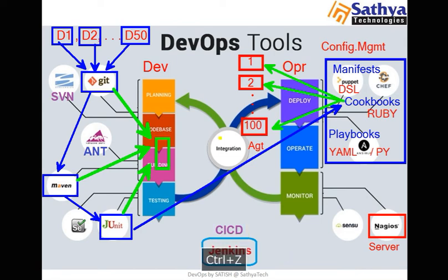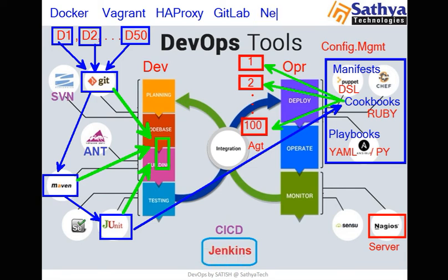Now in DevOps we have some additional tools. One is Docker, and Vagrant, and a tool like HAProxy, and GitLab, and Nexus.